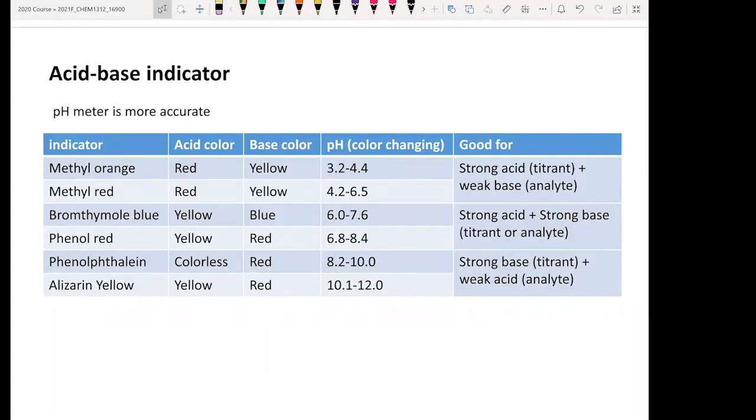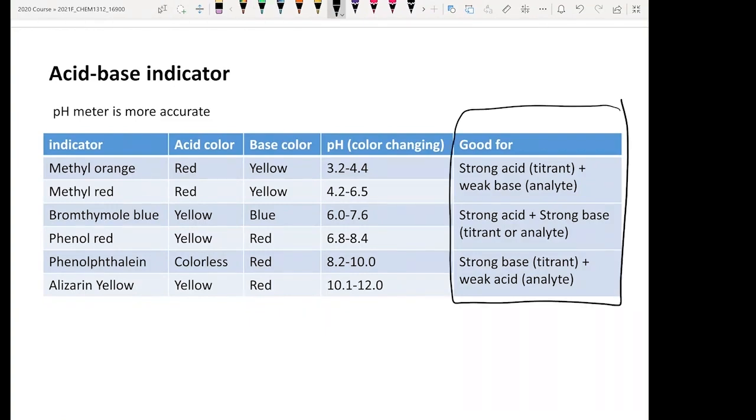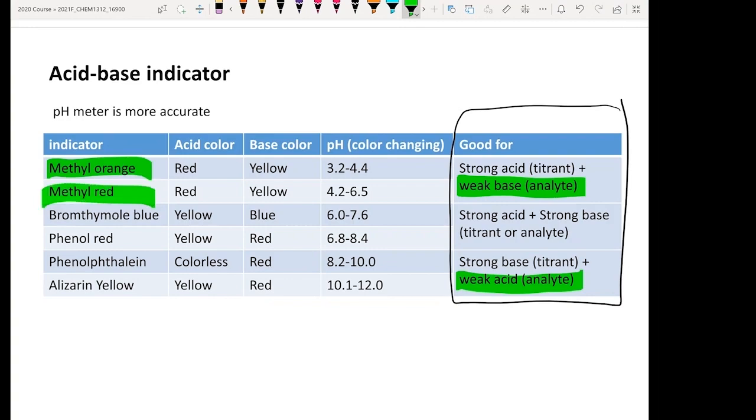Every time you see these questions, where you are doing a titration and it asks which indicator you should select, I want to actually focus on this part first. Basically, it's separated into 3 different groups, and the separation is based on the analyte you have. If you have a weak base as your analyte, then these are the 2 indicators you can use.